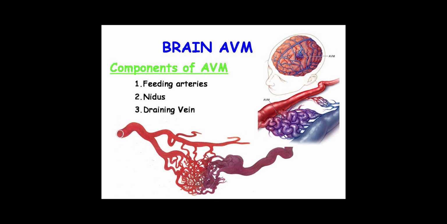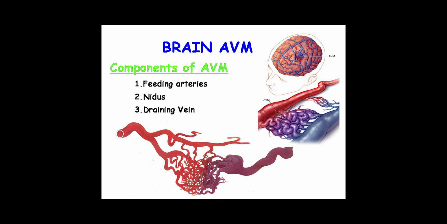Now let me talk about how the brain AVM looks. You can see in the slide that there are tangled, enlarged, abnormal arteries and veins, and the area where they conglomerate and form these tangles, we call the nidus.